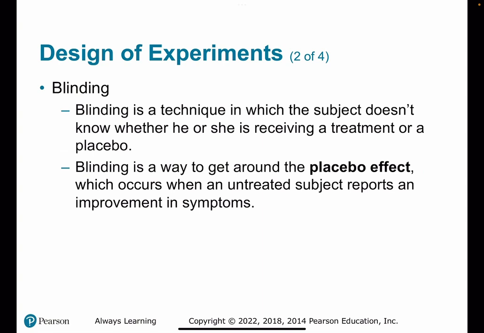And what that refers to is that the subjects in the study don't know whether they're receiving the actual treatment, and also the people administering those treatments or the placebo, they don't know. Only certain people conducting the trial know who receives the treatment and who receives the placebo.